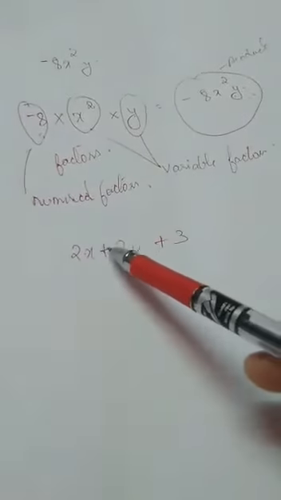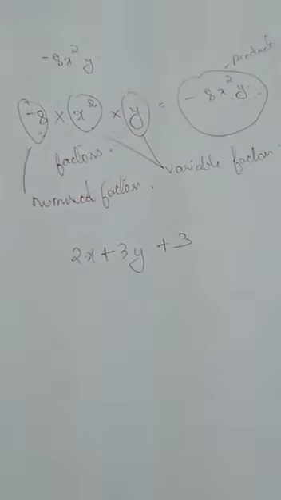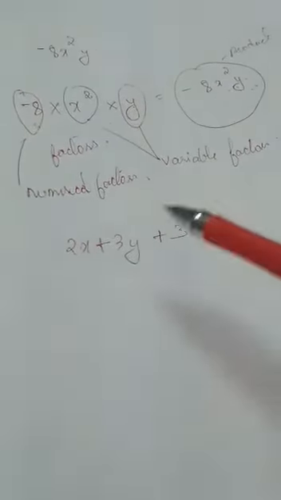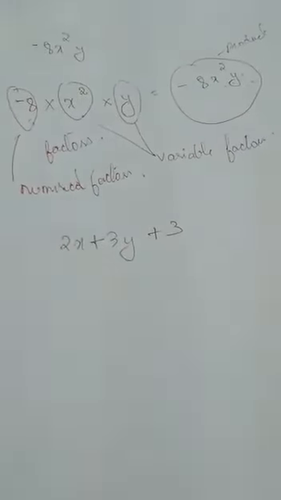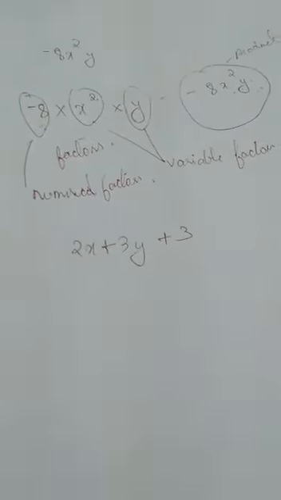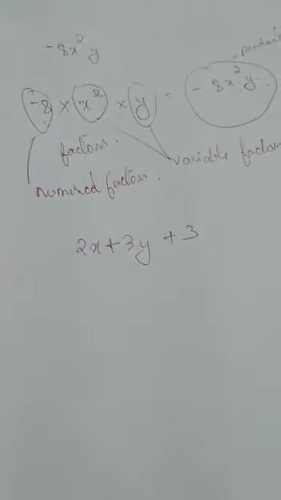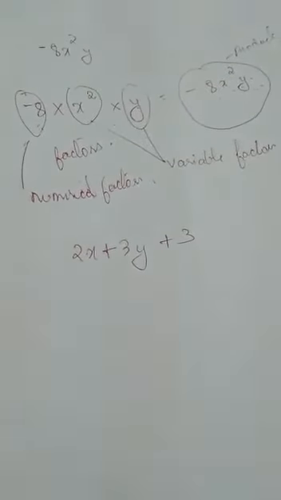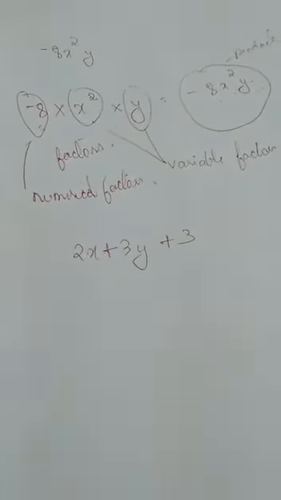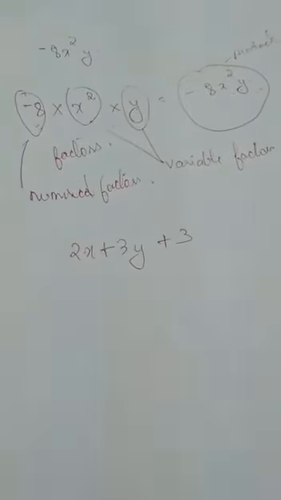And it has the plus sign also. So this is an algebraic expression consisting of three terms, 1, 2 and 3. Now how to identify which is the constant term? Your constant term will be the one which is free from any variable.